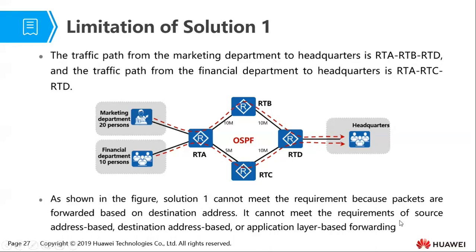So it cannot meet the requirements of source address based or application layer based forwarding. That one was just focusing on the destination address. But now, what if we want to do a combination?